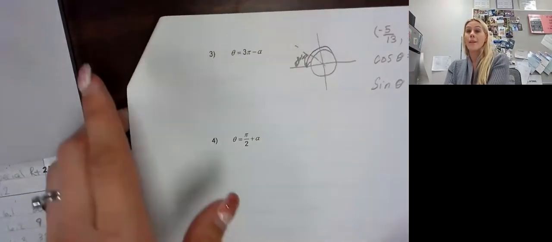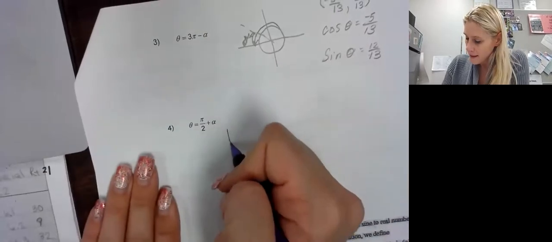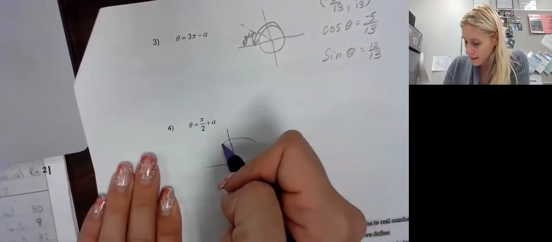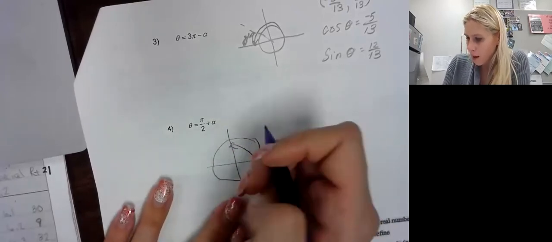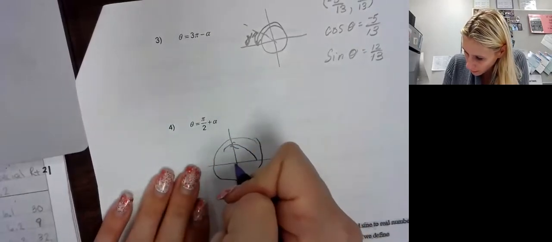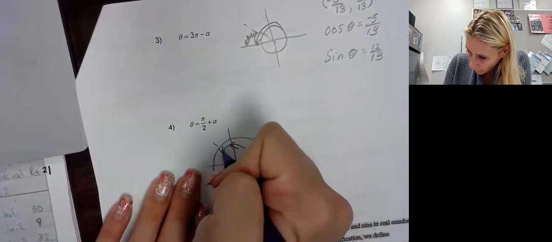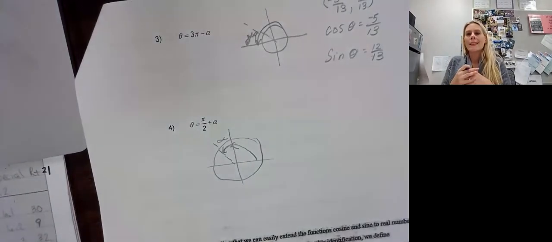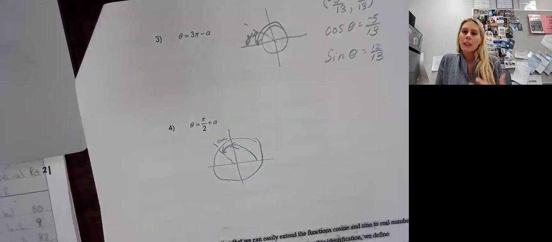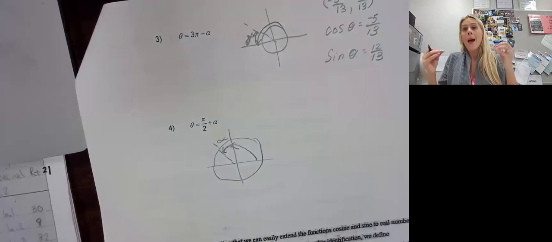Oh, now here's the tricky part. Ready? Okay, pi halves is right here, and we're going to add on alpha. So right here, this angle right here is alpha. What's the problem? The problem is our position, our reference angle. Our position and our reference angle help us, but those come from where the angle meets the x-axis.